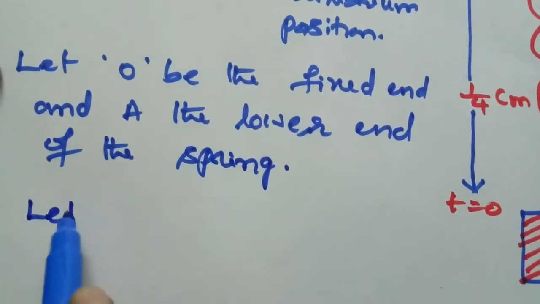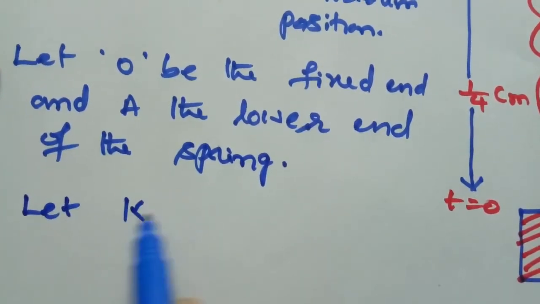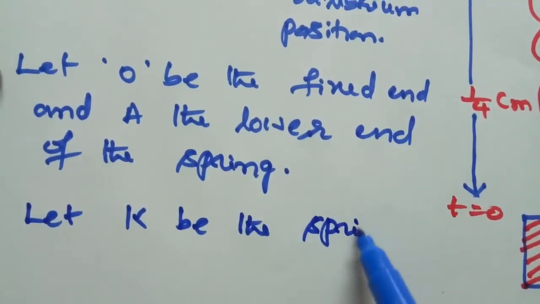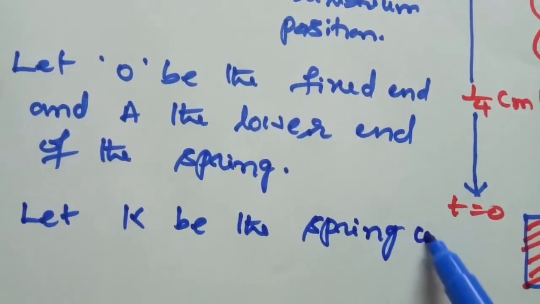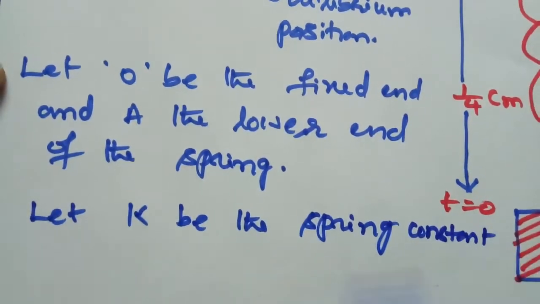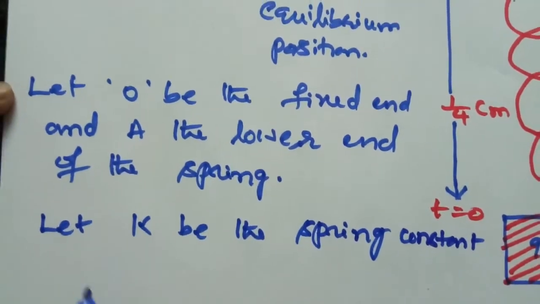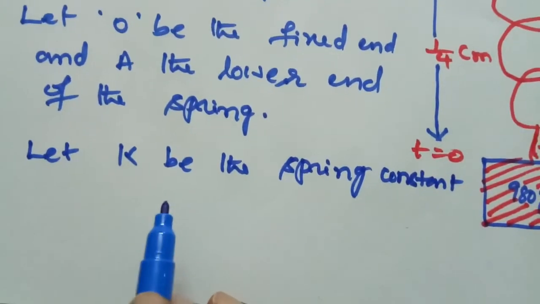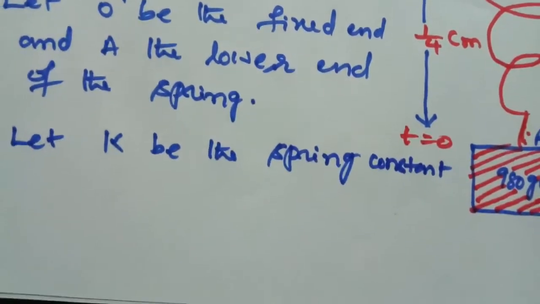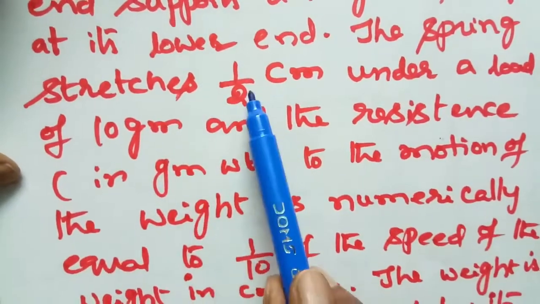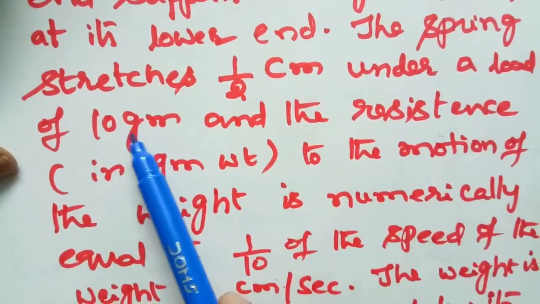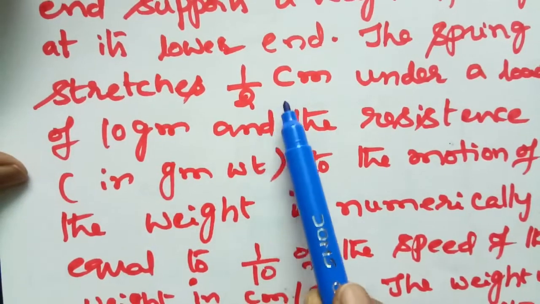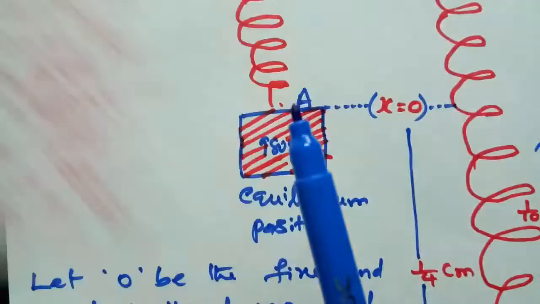Let K be the spring constant or stiffness of the spring. To find the spring constant, we have the data in the given problem. The spring stretches 1 by 2 centimeter under a load of 10 grams. So 10 grams of weight stretches the spring half a centimeter.